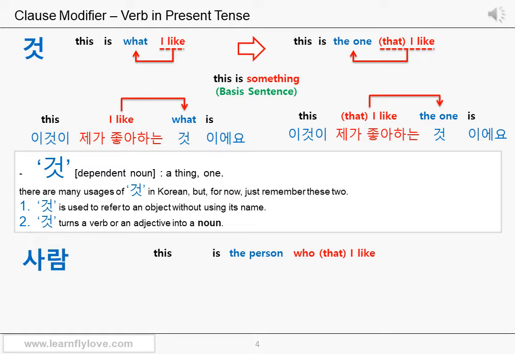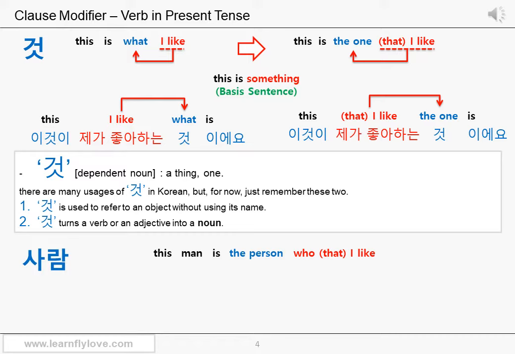First of all, Koreans don't use the direct translation of this, 이것, to a person unless they are very angry. So let's add a word which falls under the human category right after the pronoun this, such as a man. This man is the person who I like or that I like.